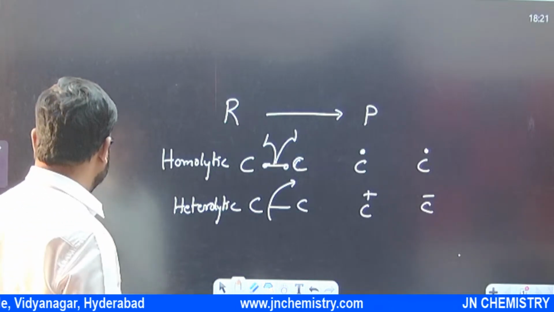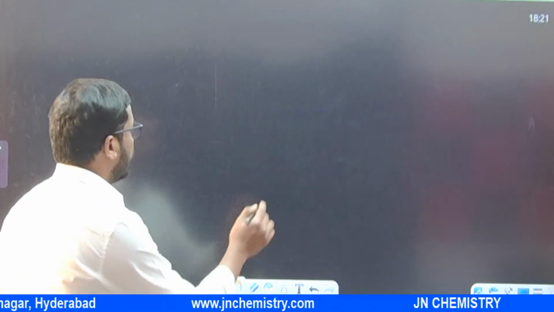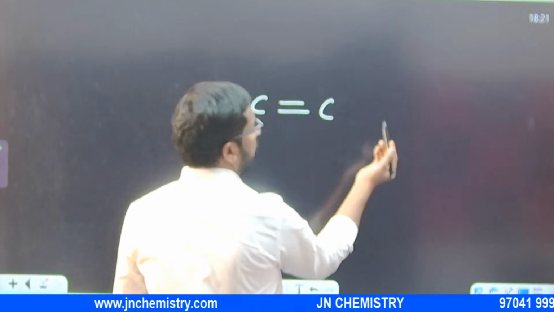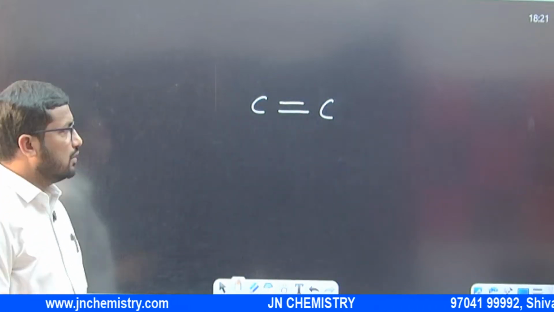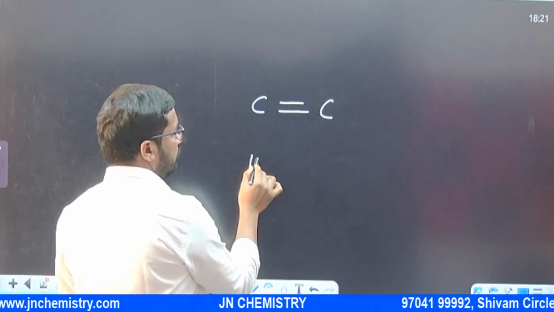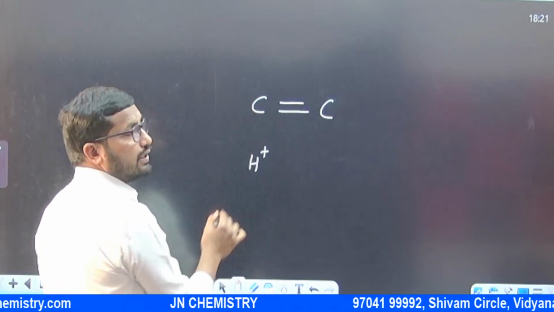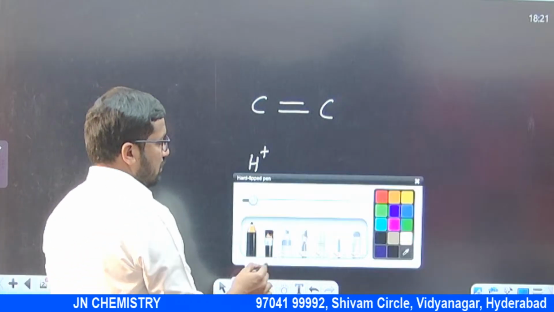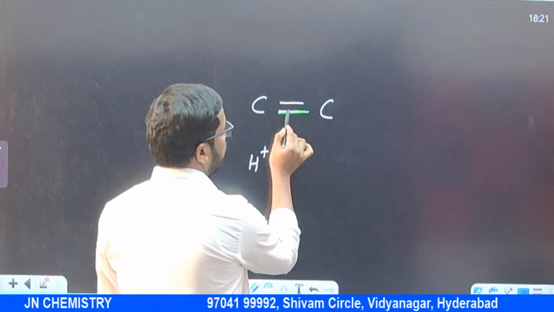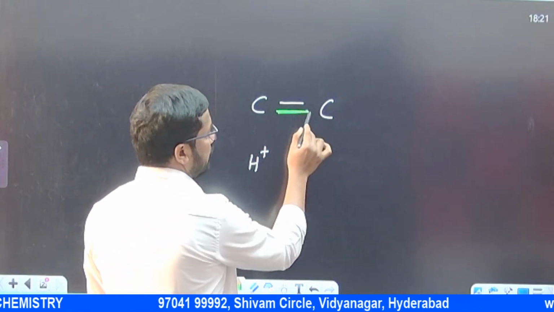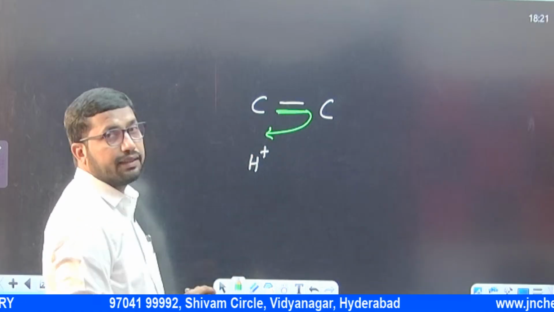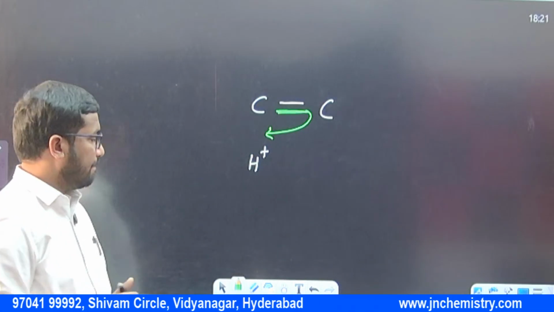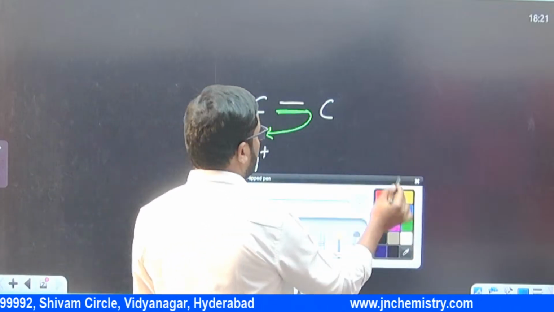For example, try to understand. A double bond is there. Imagine some H plus is coming, wanting to attack over here. This bond I'm writing in green color, it's coming like this. Which type of cleavage is this, homolytic or heterolytic? Heterolytic.